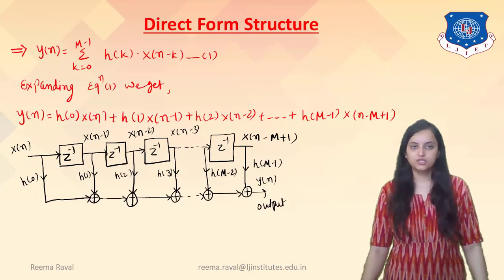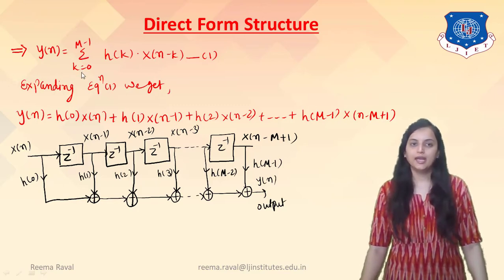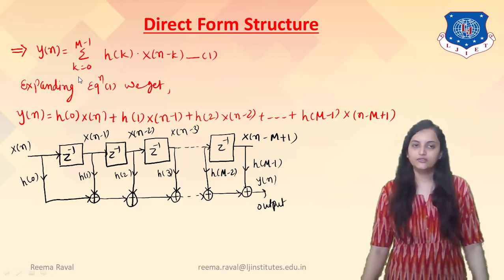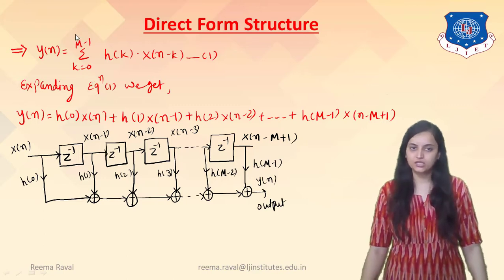In direct form structure, the equation we are using is y of n equals summation of k equals 0 to M minus 1 h of k into x of n minus k. Now if we expand this equation, starting from k equals 0 to M minus 1, we will get y of n equals h of 0.